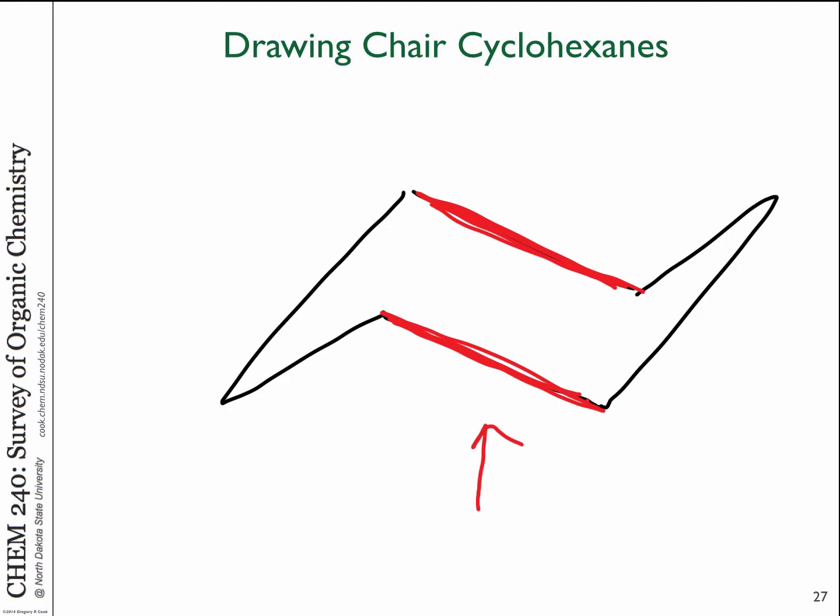Okay, so notice those two parallel lines. What other lines are parallel in this structure? Pick any bond. Let's just take this bond that I'm coloring blue, that carbon-carbon bond. Its parallel bond should be the one directly opposite across the ring from it.